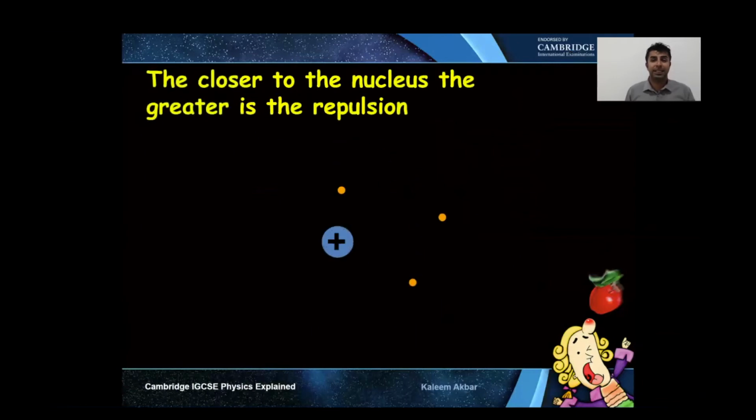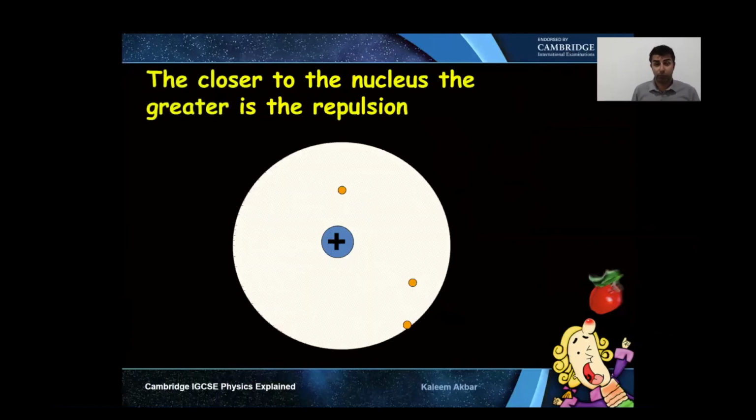So here's an example of what we think happens around an atom. In the middle, we've got a positively charged nucleus made up of protons and neutrons, and the orange dots here represent electrons. If we have a particle that's very far away from the nucleus, nothing happens, it just goes straight through. The closer it gets, it starts to deflect.